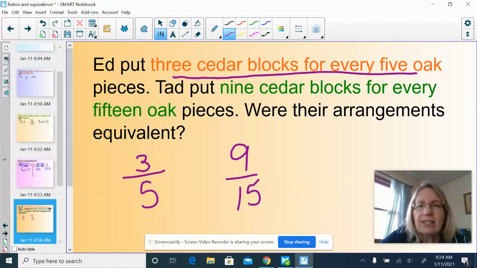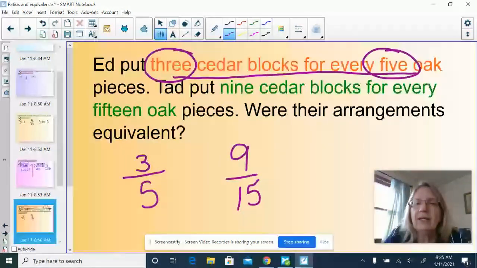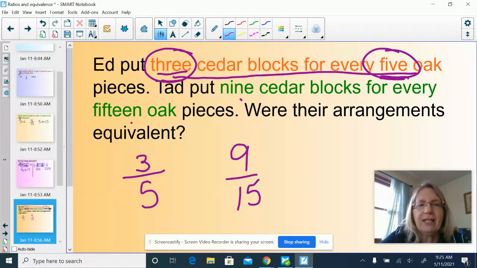That's why I highlighted it all in green. That's one ratio in a sentence, so that's how you know which numbers go together. I would almost always put whatever number comes first in the numerator. So 3 to 5 is your ratio, with 3 in the numerator and 5 in the denominator. 9 to 15, 9 comes first, so put that in the numerator.